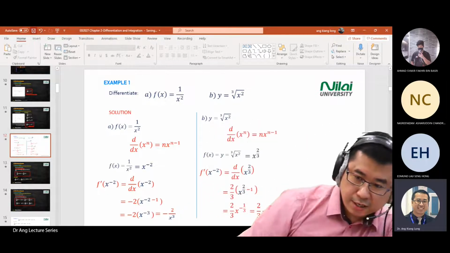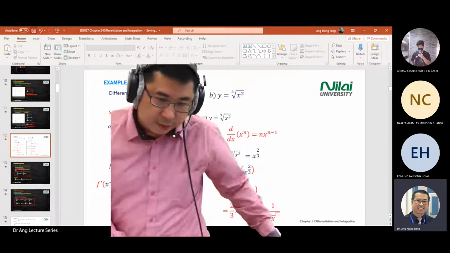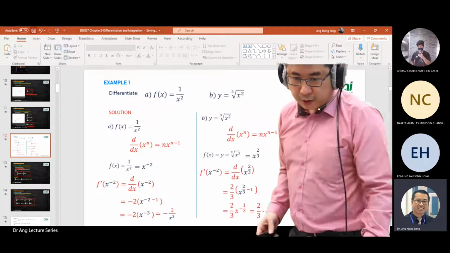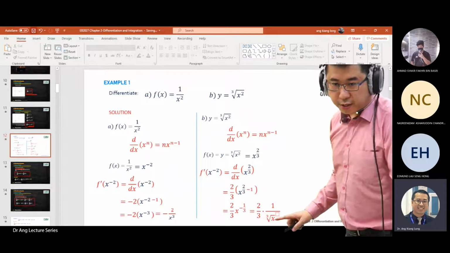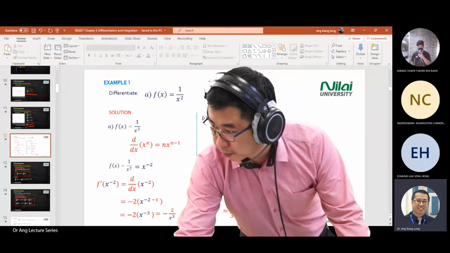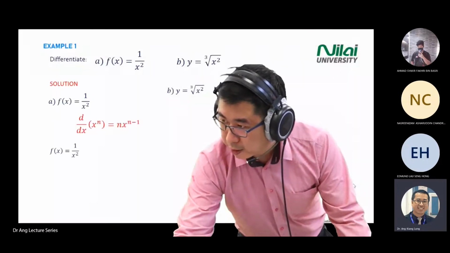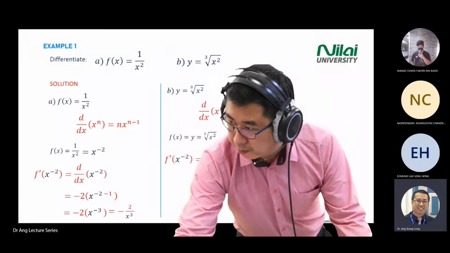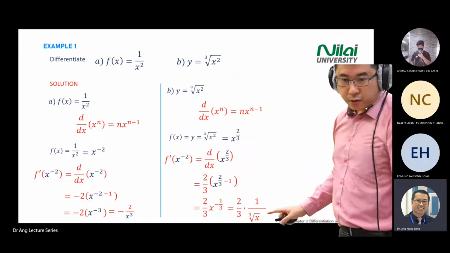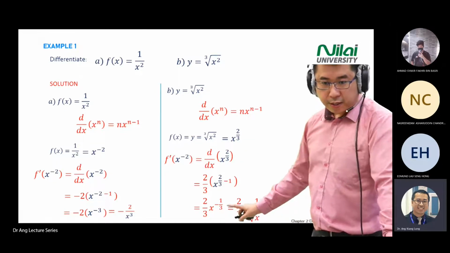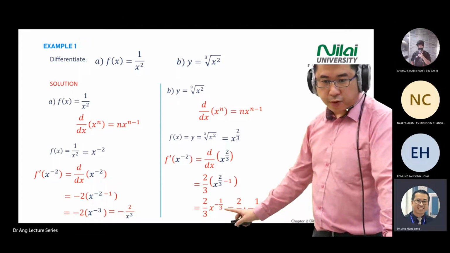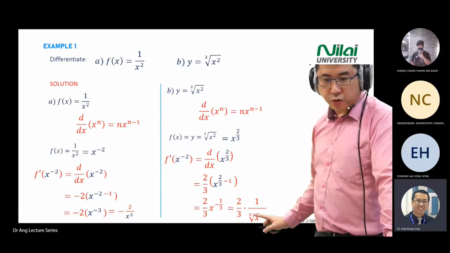What I did just now is that I changed the answer to this one. Sorry for blocking your view. Just now, I had a typo error in my slides. So minus means 1 over something. 1 over something means you have a root.